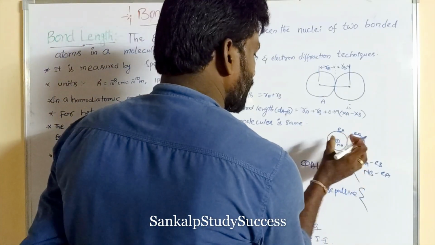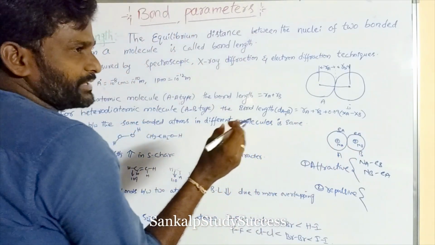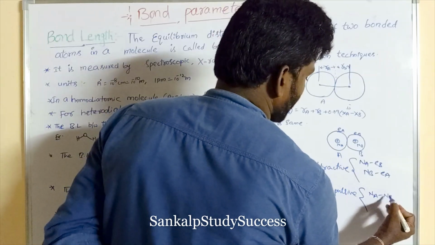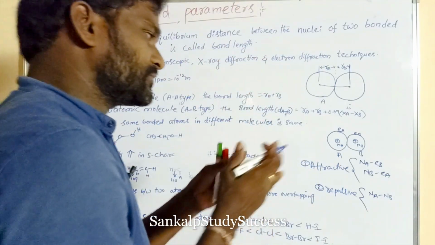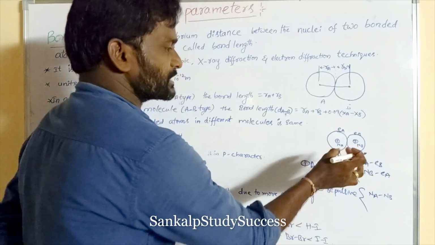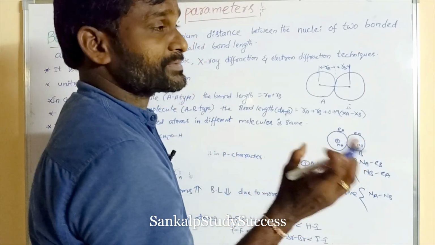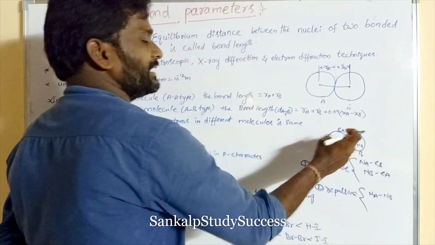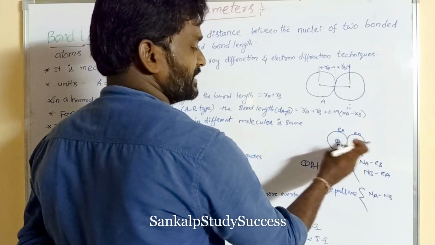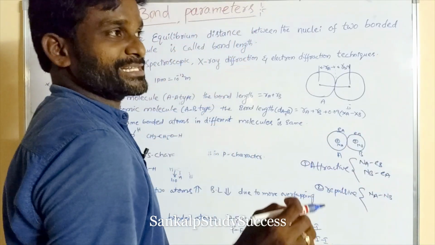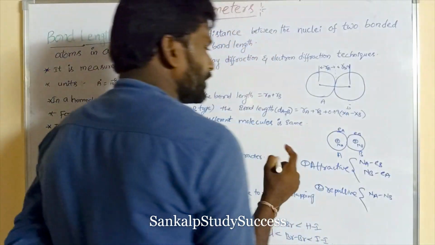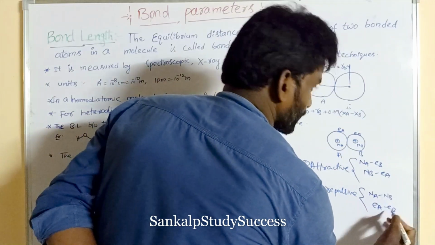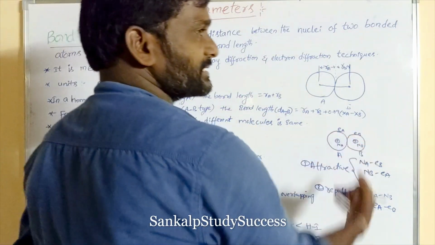When the atoms reach a very close distance, the nucleus of A and the nucleus of B have the same charge, so these two repel each other. Repulsive forces act between NA and NB, both having the same positive charge. Similarly, the electron of A and the electron of B are also repelled, since both have negative charges.